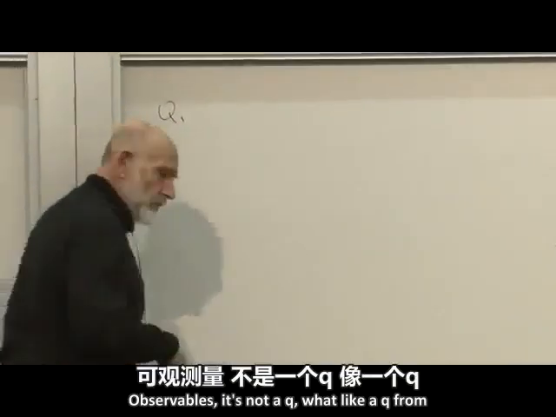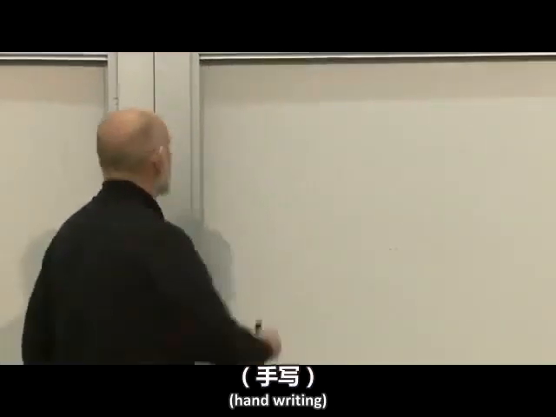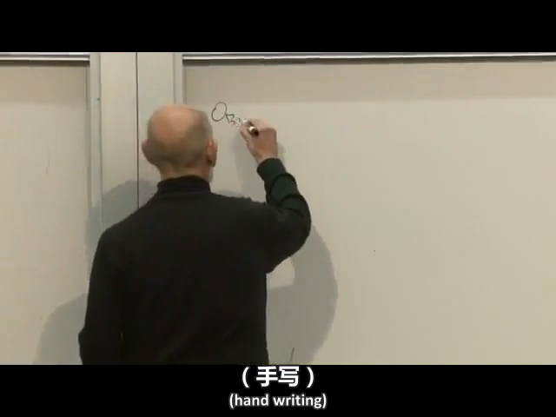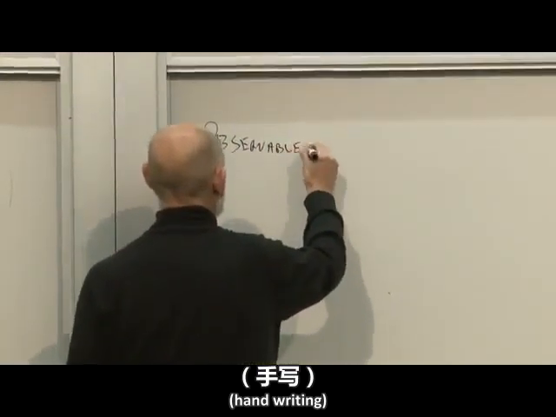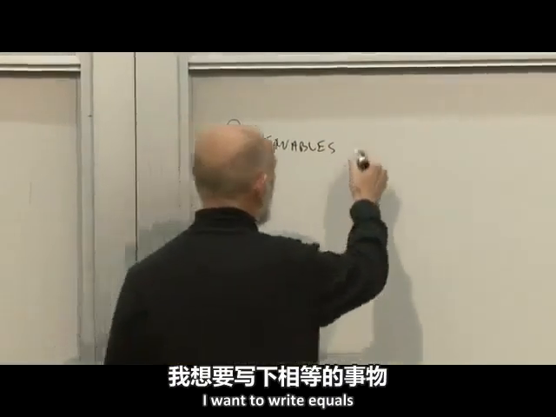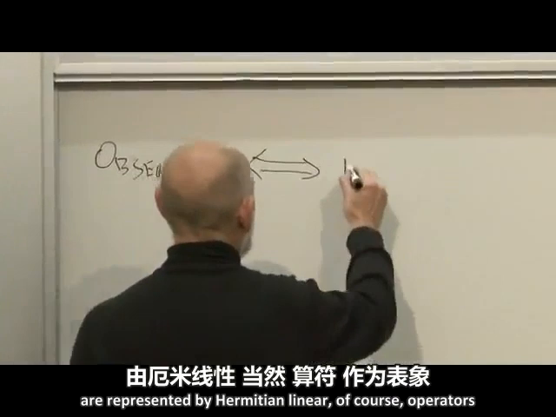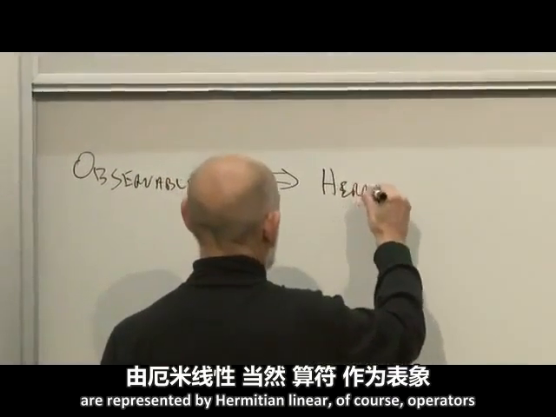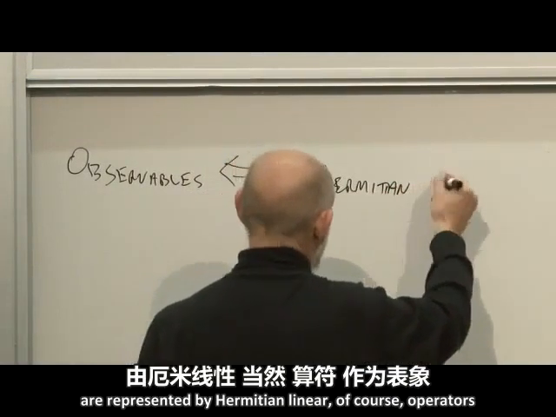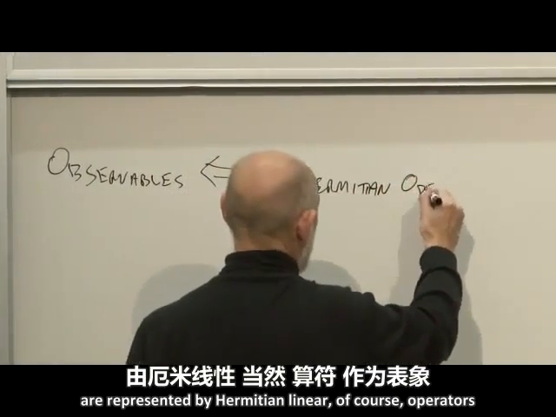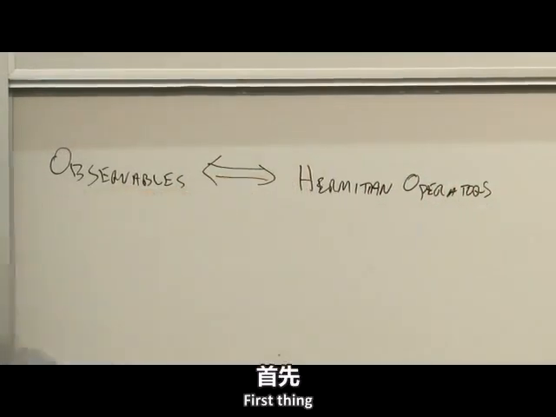Observables are represented by Hermitian linear, of course, operators. First statement.